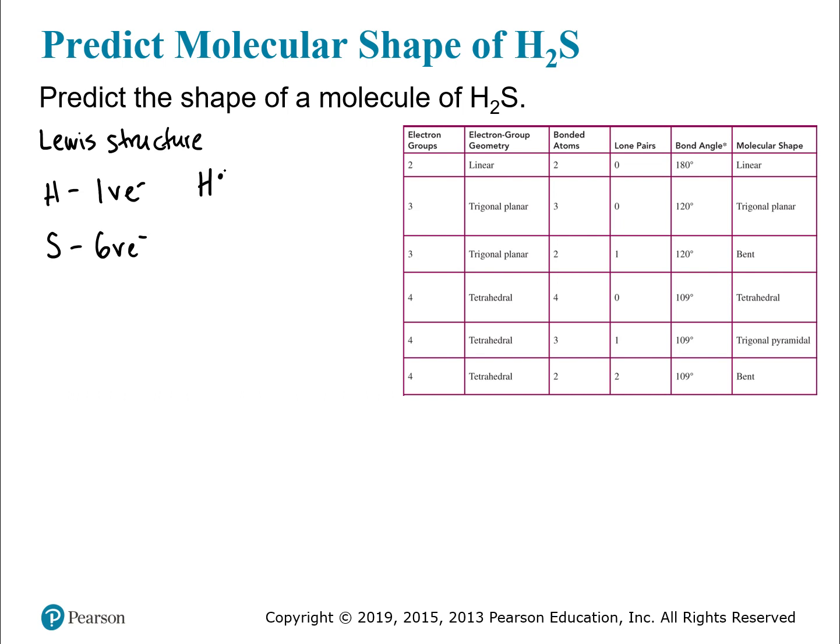So just a hydrogen atom, hydrogen with a dot. Sulfur, we've got 6 dots. Now we've got to arrange these. Our central atom is going to be the sulfur, because when you look at the formula, there's only one of those.